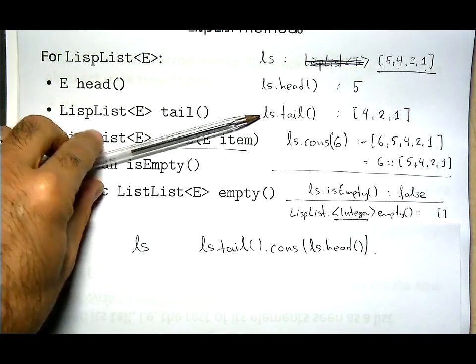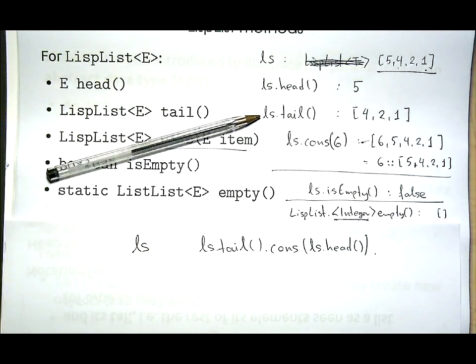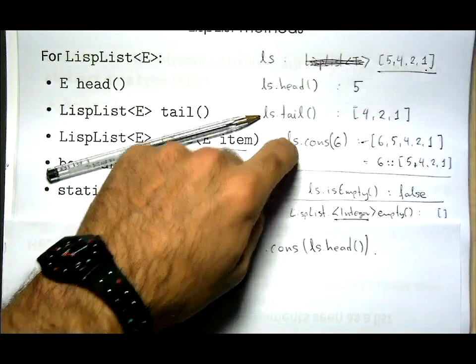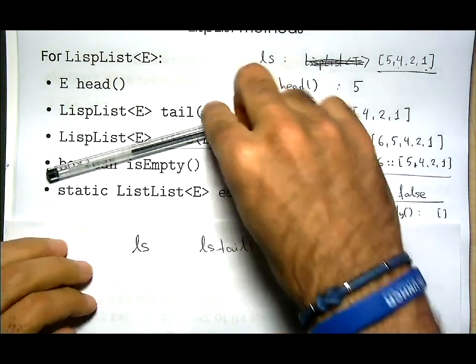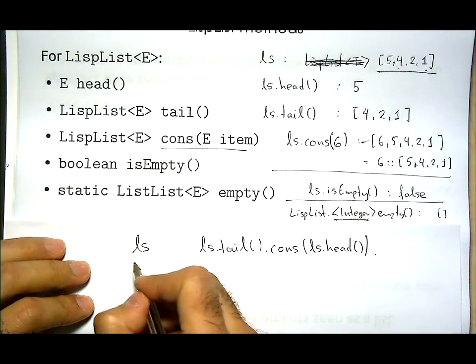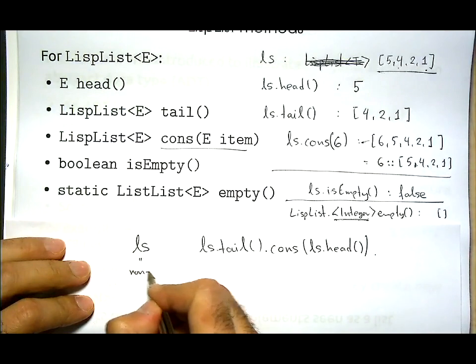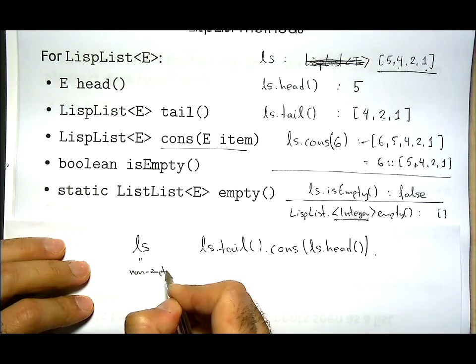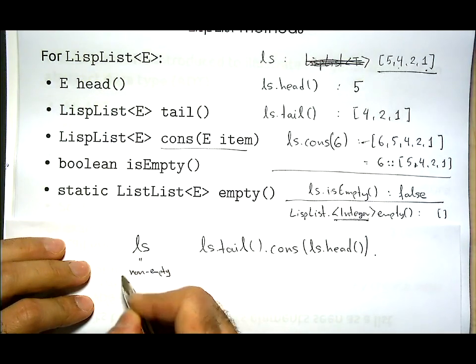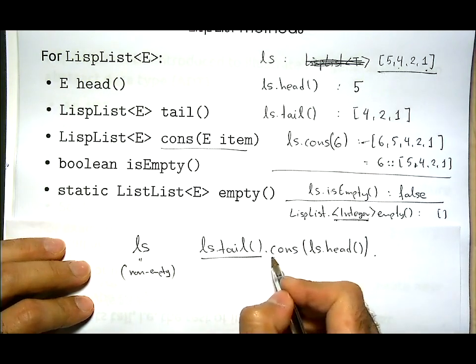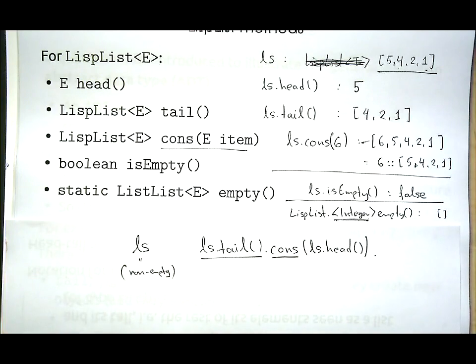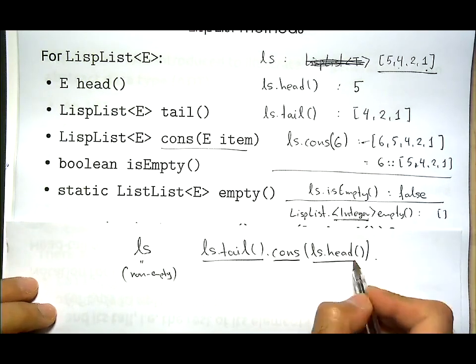This one, again, will not change ls, it will just return a new list, which is just the tail. And similarly here, this will construct a new list, that is the old list plus a new element. But the old list remains as it is. So in particular, if I have ls, which is non-empty, I can take its tail, and then I can cons it, so I can put in the front the head of ls.